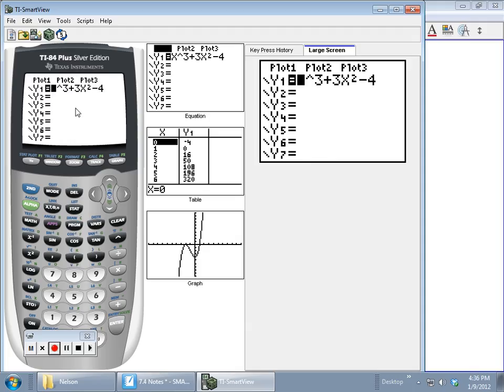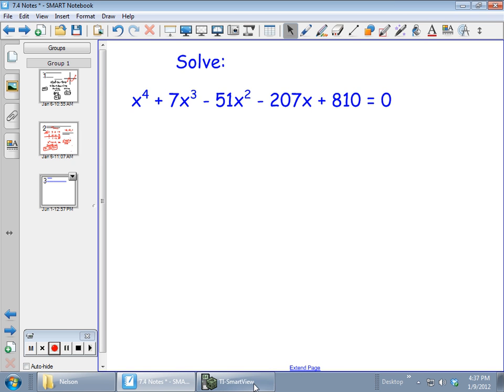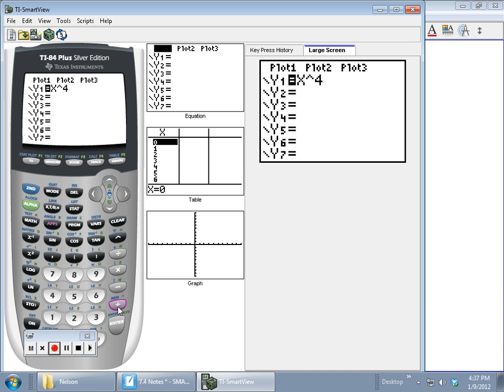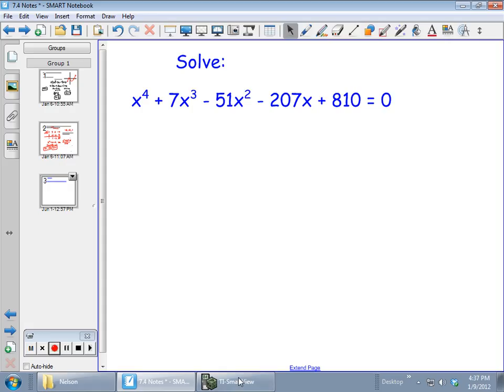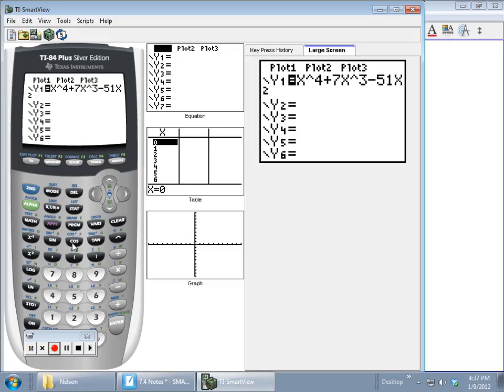Oh, I can't paste in the calculator, so never mind. So it was x to the 4th plus 7x to the 3rd minus 51x squared minus 207x plus 810.